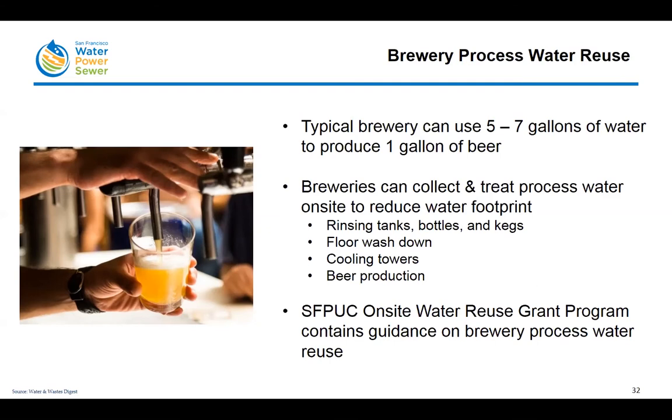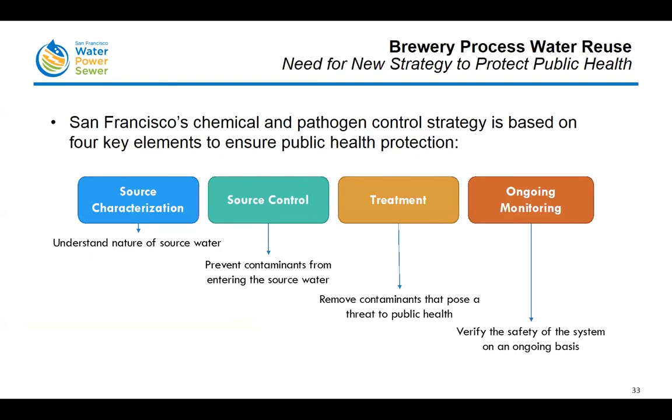And so our on-site water reuse program incorporated some guidance for breweries that are interested in doing processed water reuse and how to do that in a manner that protects public health. In our grant program, we developed a chemical and pathogen control strategy that's really based on these 4 key elements highlighted on this slide to ensure protection of public health.